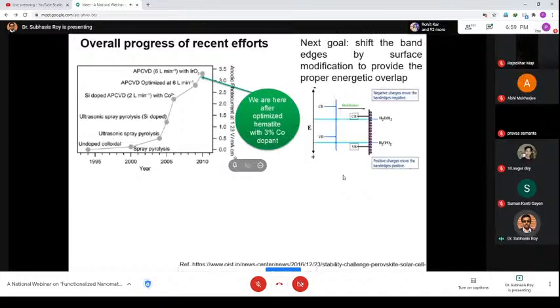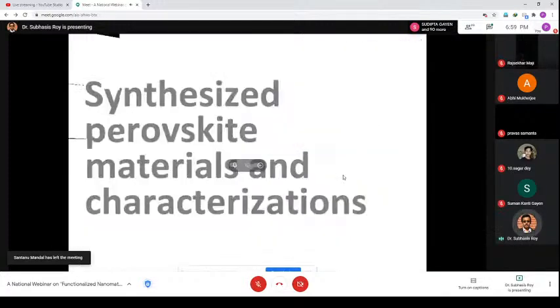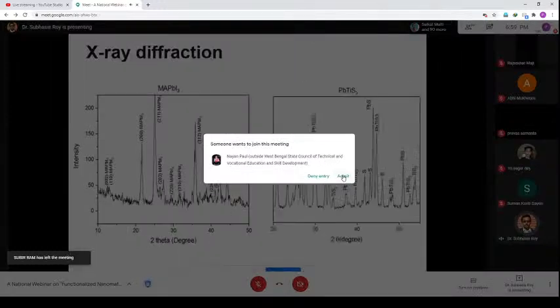The next step is surface modification by putting TiO2 and PbTiO3 perovskites, these two materials, to overcome the current literature's drawbacks. We synthesized these two perovskite materials, and then we did XRD. We checked all the phases present in the material.